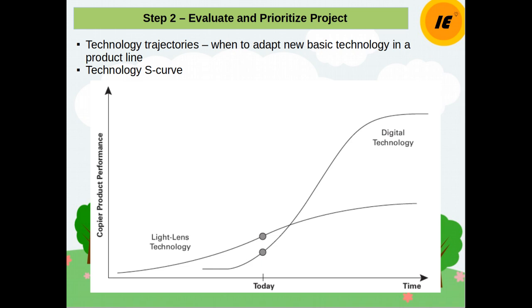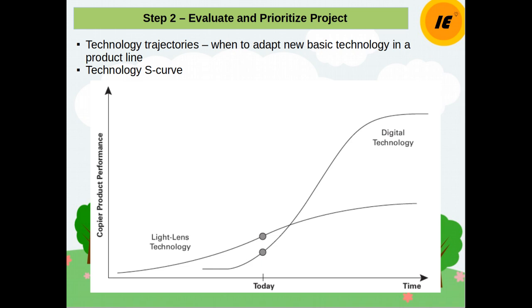In technology intensive businesses, a key product planning decision is when to adopt a new basic technology in a product line. So it's about basic technology.